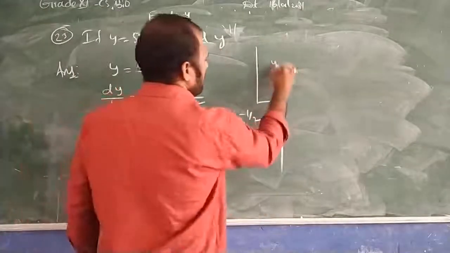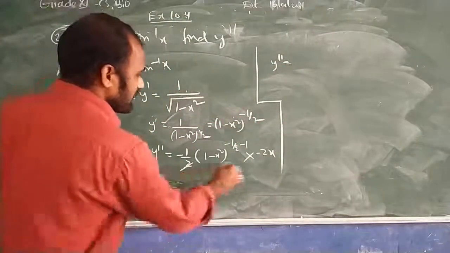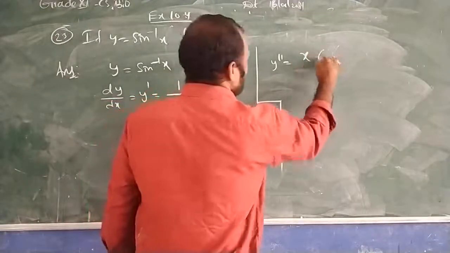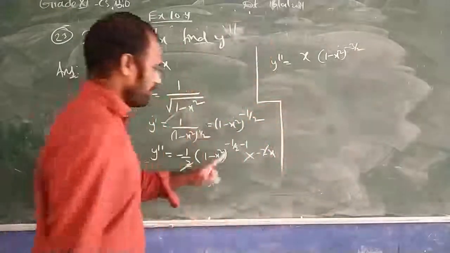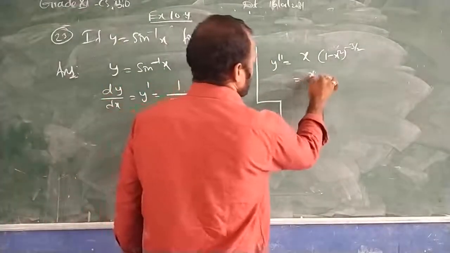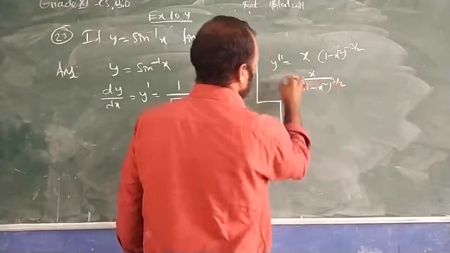So y double dash equals, 2 gets cancelled, minus and minus will be plus, x into 1 minus x square whole power minus 3 by 2. Minus 1 by 2 minus 1 will be minus 3 by 2. So if you transpose it to the denominator, y double dash is x by 1 minus x square whole power 3 by 2.